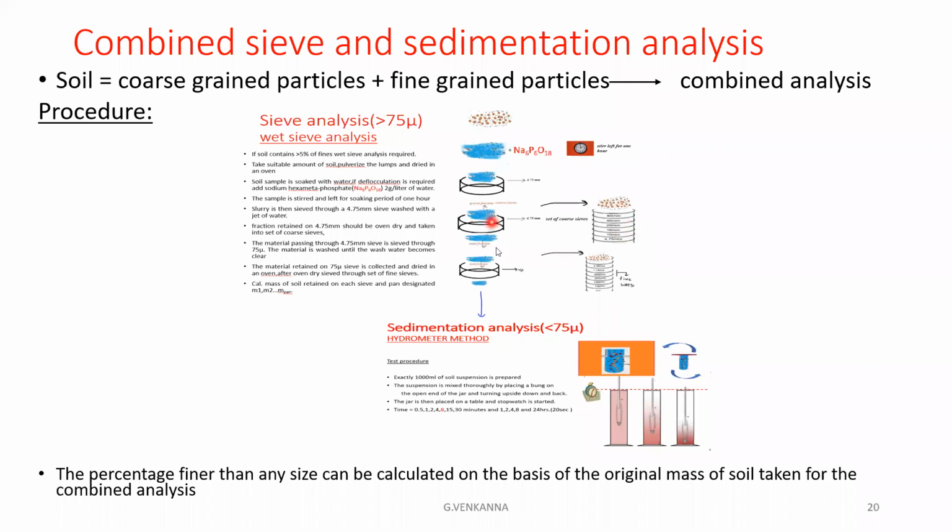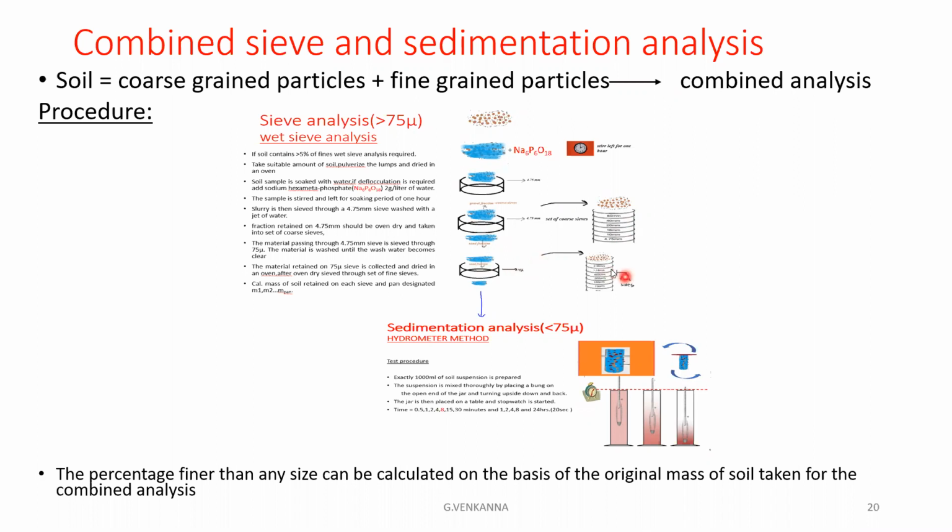Whatever passes through the 4.75 mm sieve is known as the sand fraction. Then this sand fraction is again sieved through the 75 micron sieve.